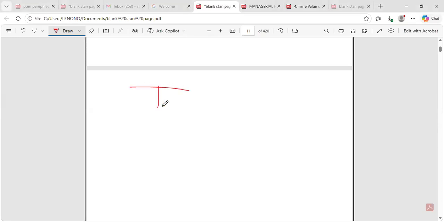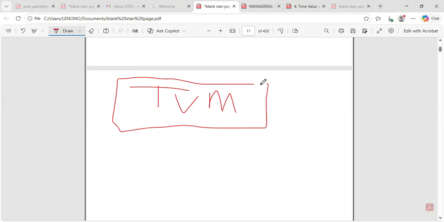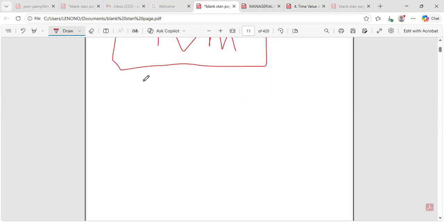All right, so as we look at the time value of money, we have what we call finding the compound interest.